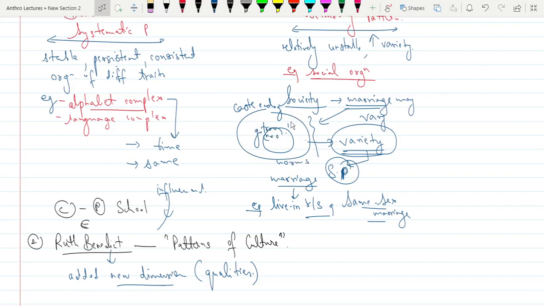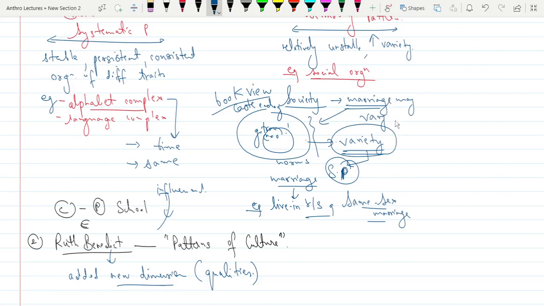Now what we are saying is that this concept is more of a book view, that it is given in the books, but in practice it is showing variety, it is showing variation. For example, there are different forces, different reasons like economy, politics, laws, rules, which are bringing in flexibility in the constitution of marriage.